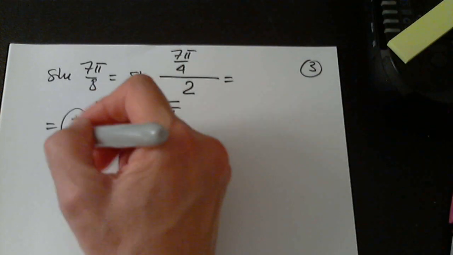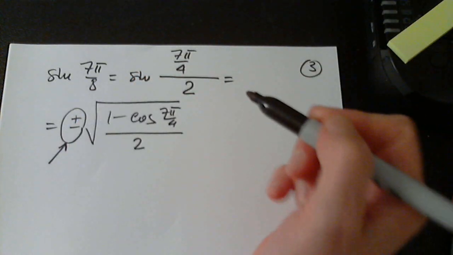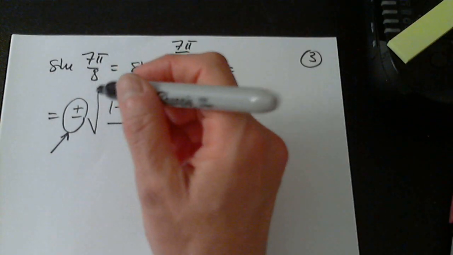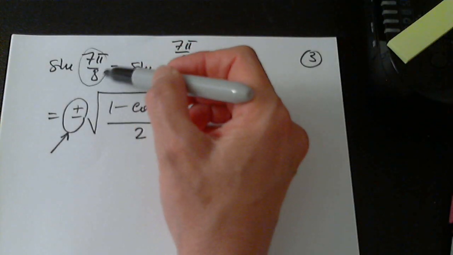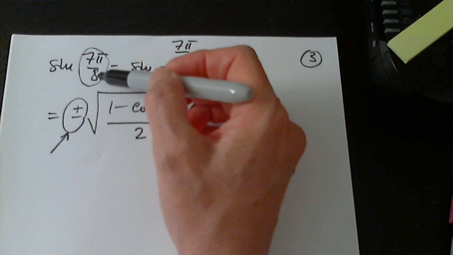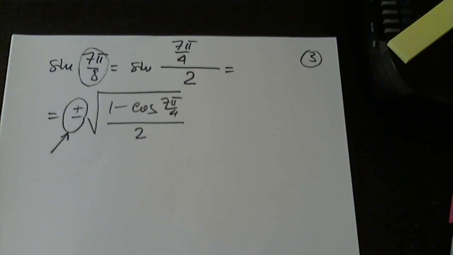I have to establish the sign. It can be plus or minus. So one option would be to see where this angle is. So how do I do that? Where it ends. So 7 multiplied by 180 degrees, which is pi, and I divide that by 8.